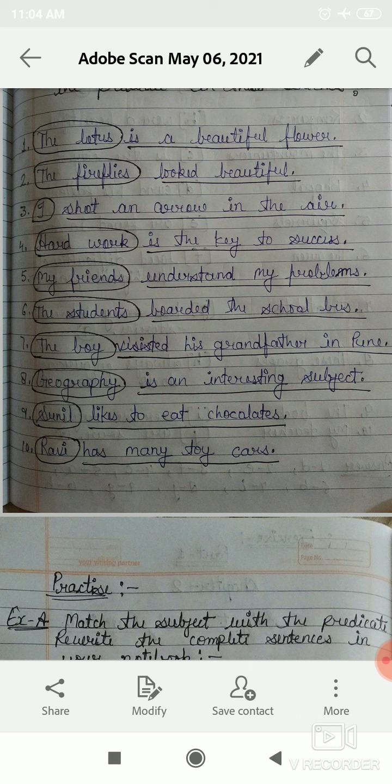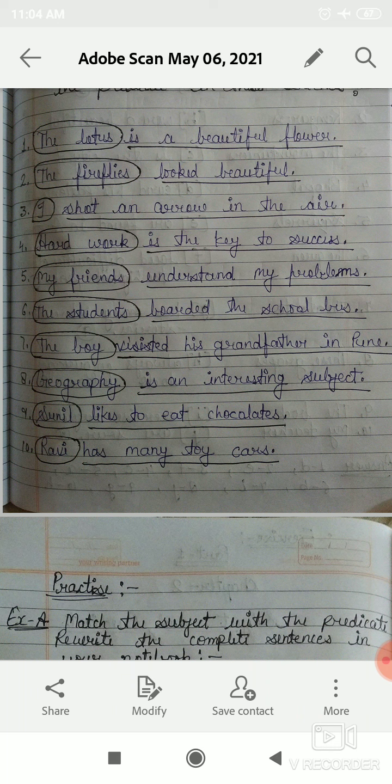Now next, number 8. Number 8 is: geography is an interesting subject. Tell me which part of the sentence is subject here and which part is predicate. Here the subject is only one word, that is geography.